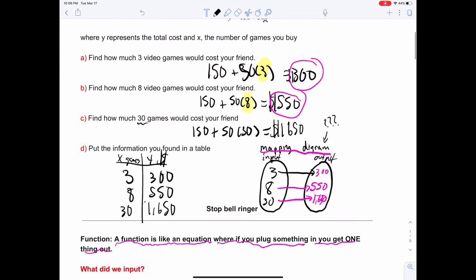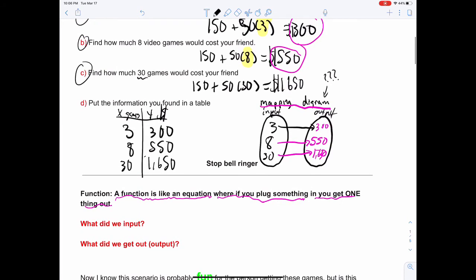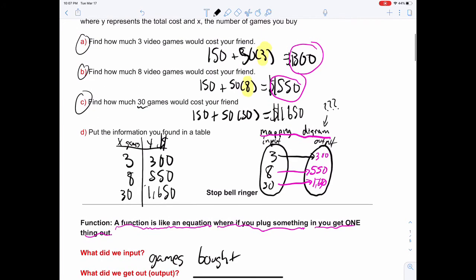What were we putting into our equation? So for questions A, B, and C, to figure out our answer, what were we putting in? We're putting in numbers, and the numbers represented games bought.